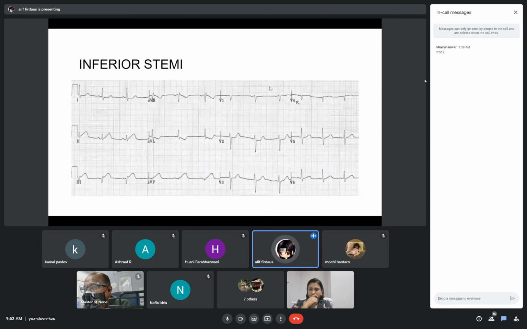So this is an example of an inferior MI ECG. We look at the inferior leads, lead 2, lead 3 and AVF. There is ST elevation there at the inferior leads. Then we look at AVL, we can see the reciprocal changes. If you look at this ECG, do you doubt that somebody will miss this ECG as an inferior MI?